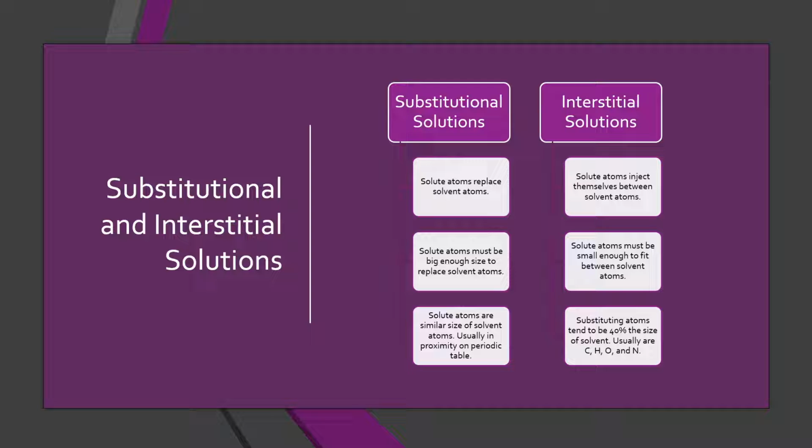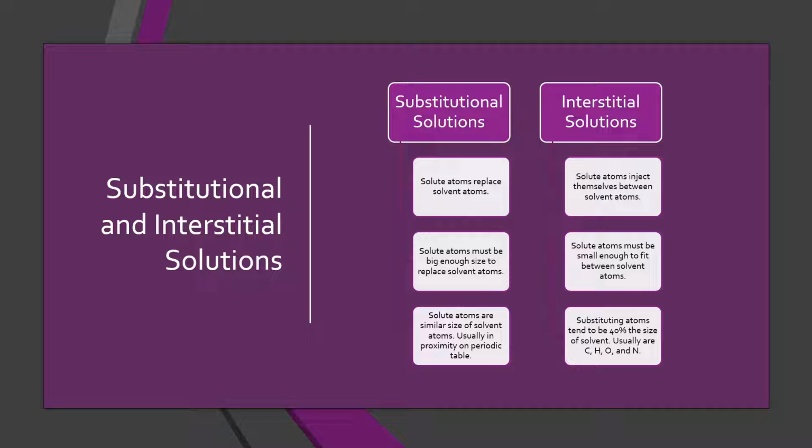So interstitial solutions are when solute atoms inject themselves between solvent atoms, or in the spaces between solvent atoms. Solute atoms must be small enough in order to fit between the solvent atoms and between those spaces and enter interstitially.